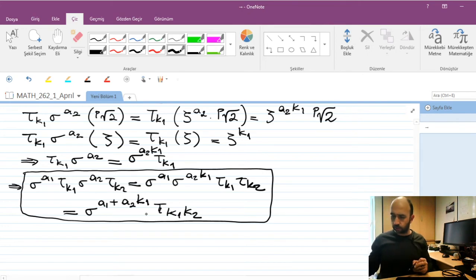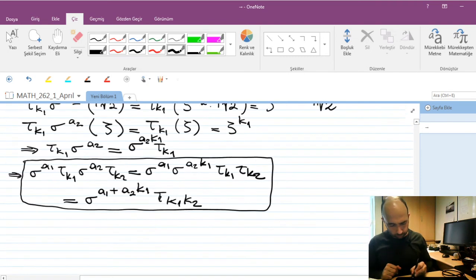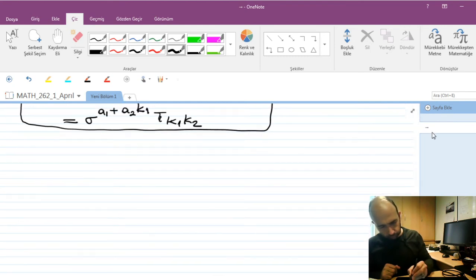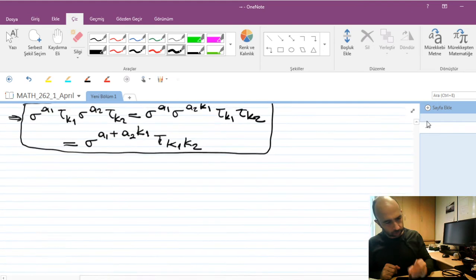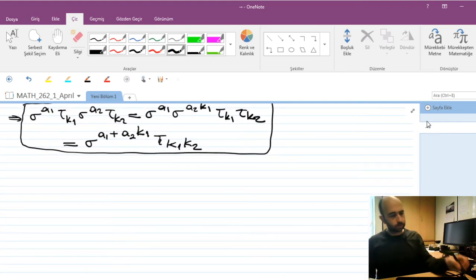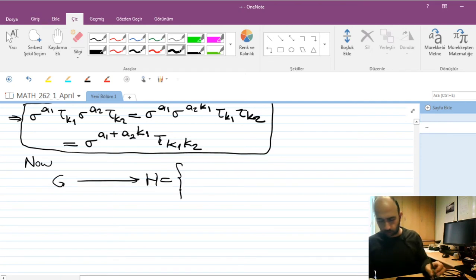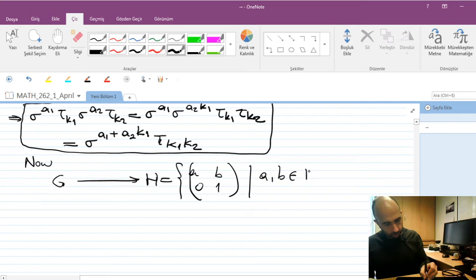Okay. Now, how about the isomorphism to this matrix group? Let's keep this relation here. Now, you have G, the Galois group, and also H. Let me recall what H was. It was the matrices (A B; 0 1) such that A, B are in F_p and A is non-zero.